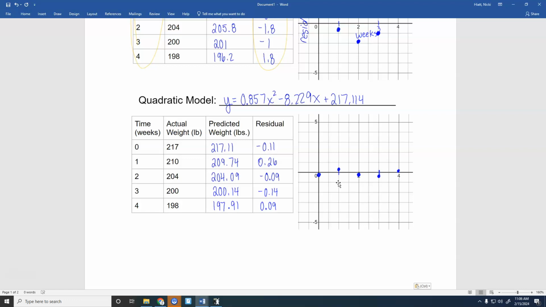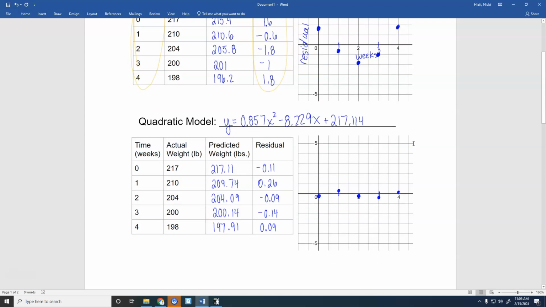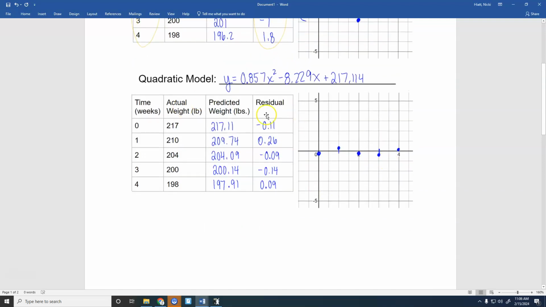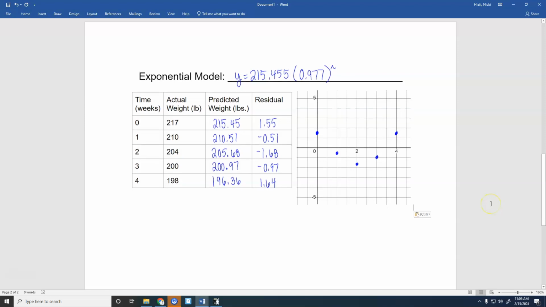So this residual plot looks better than the first residual plot because my values are a lot closer. And if you don't have time to get all of those down, that is okay.